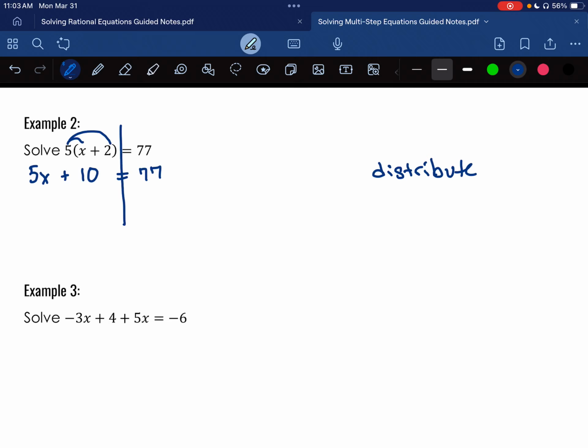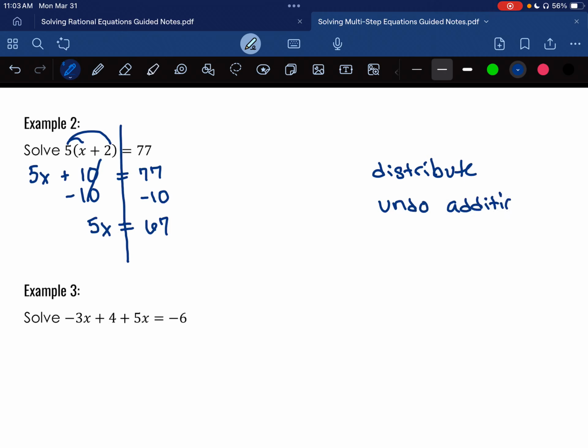All right, now I'm going to go ahead and subtract 10 from both sides, right? Always working from the outside in, working to get that x isolated here. And I'm going to end up with 5x is equal to 67. And so what I did there was I worked to undo the addition.